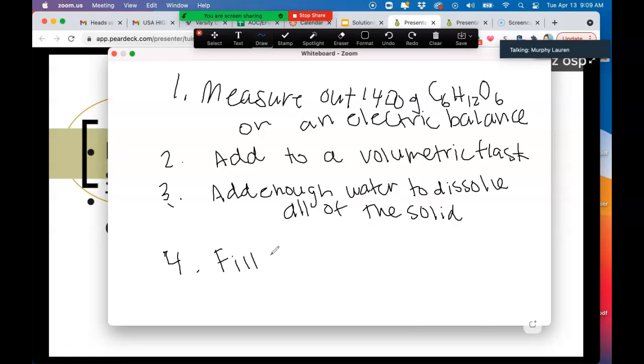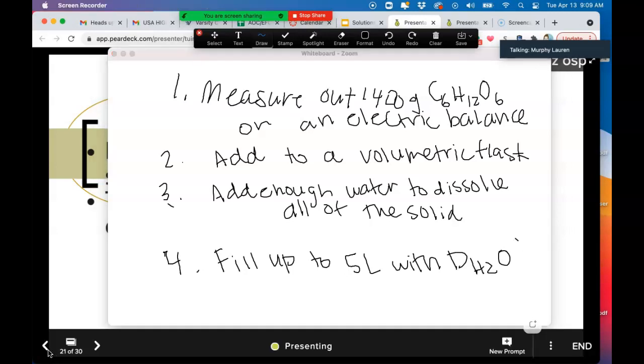Fill up to, how much did I ask you to make in this problem? 5 liters, right? So that's where you fill up to. 5 liters with distilled water. So I'll give you a second to keep writing this down.